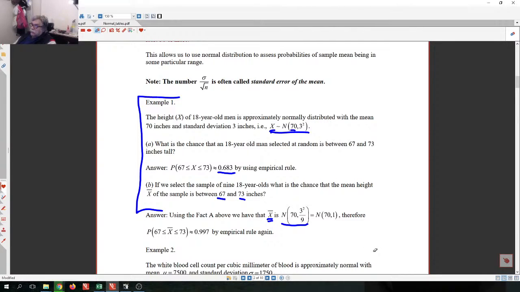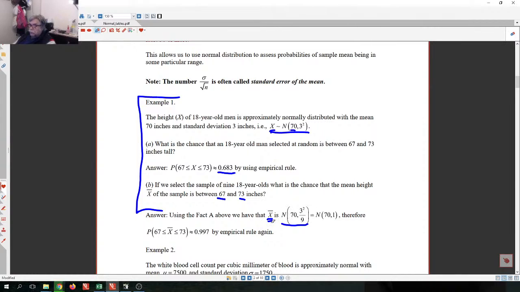So both of them are distributed normally. The x, the height of a random student, from one student to another student to another student, is distributed normally with mean 70 and variance 9, standard deviation 3.